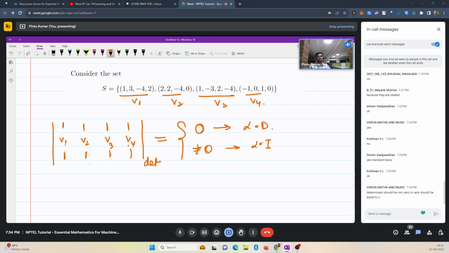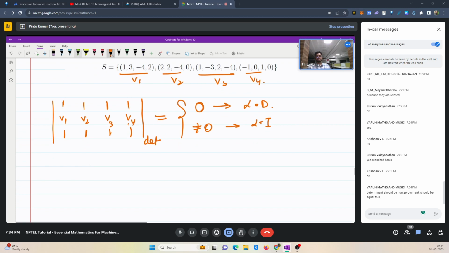This has something to do with the rank of these vectors, or how we write these equations. But you can just take away this: if you write it in the form of a matrix and your determinant is 0, then it is linearly dependent. If it is non-zero, then it is linearly independent.